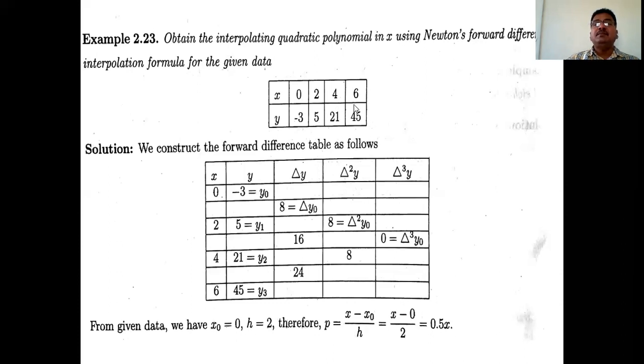If we have to interpolate a value, then use that value of x. Suppose we have to find the value of y at 3, meaning the problem is of interpolation, and in that case substitute x as 3. But here we have to find the polynomial which takes these values, and therefore use u equal to x minus 0, that is a is 0, divided by 2, that is 0.5x.